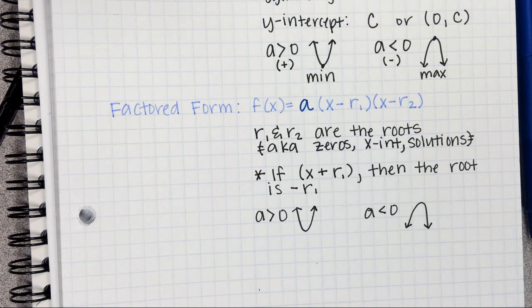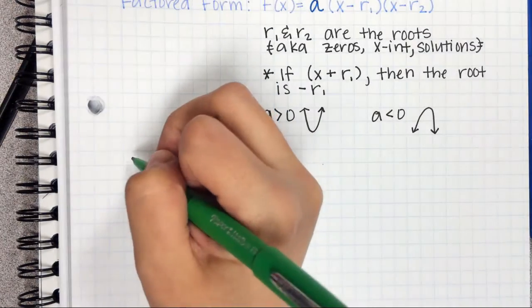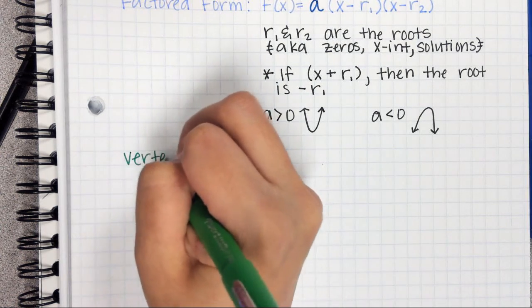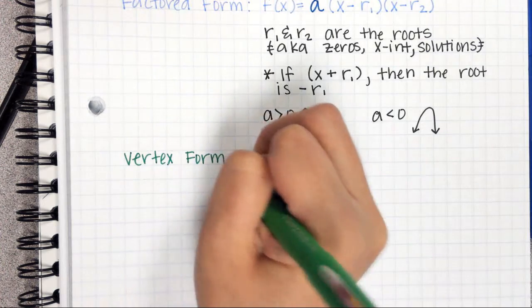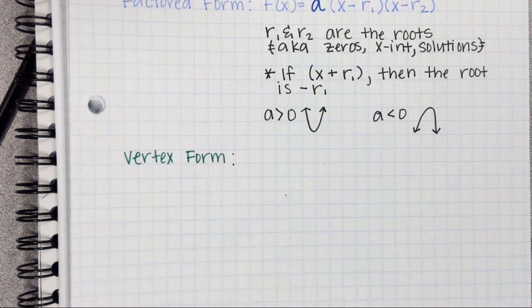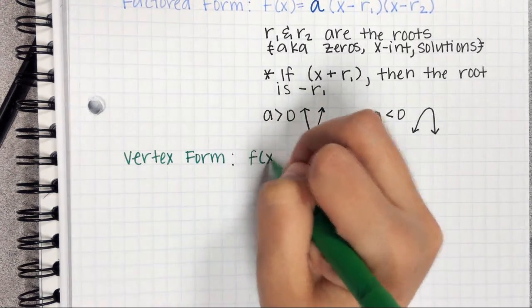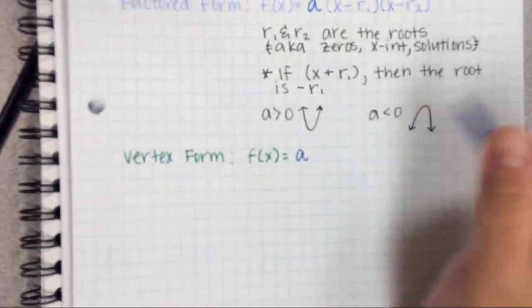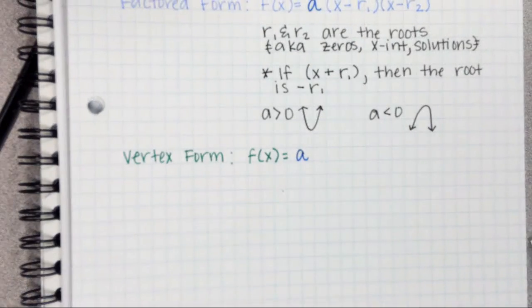And then the final form is vertex form. Which is f of x equals, and then again this a, if you're switching between all of them, is going to remain the same number.